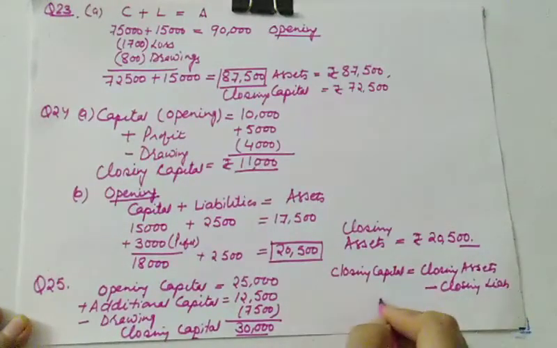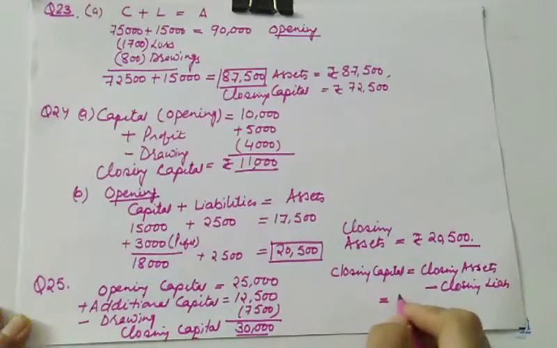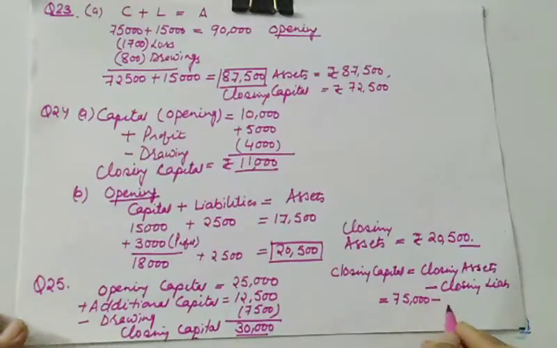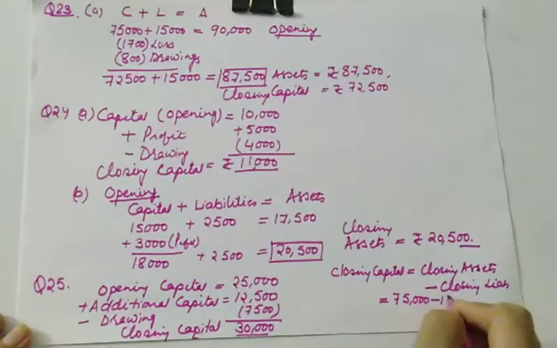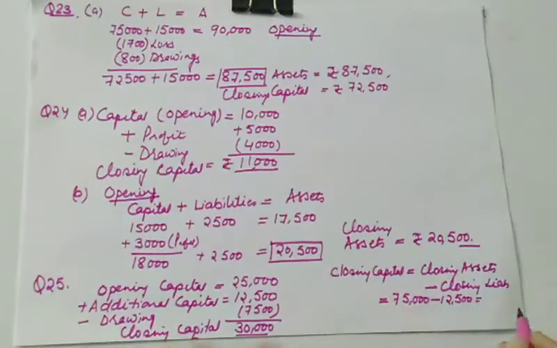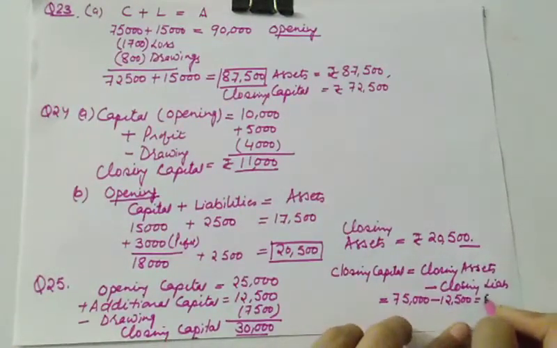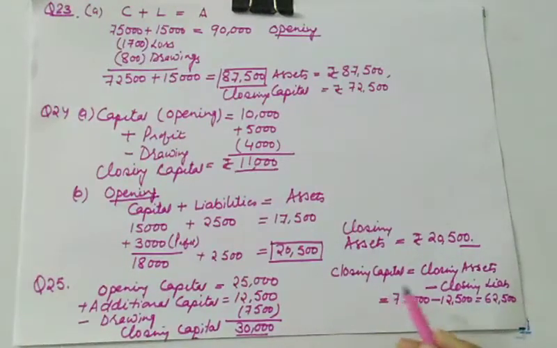Closing assets are given to us as 75,000 and closing liabilities are the same. There is no change in opening and closing liabilities. It is 12,500. If you deduct from this, it will be 62,500.